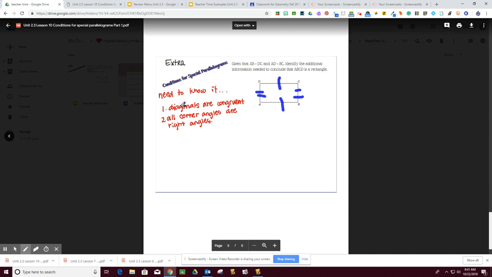So I have to know that these are perpendicular. The diagonals have to be congruent and all the corners have to be a right angle. So the question asks me what additional information I need, and that's listed right there. Remember, make sure that you go back and look at these examples, and if you have questions, you guys should ask.